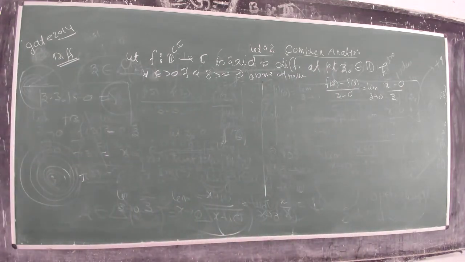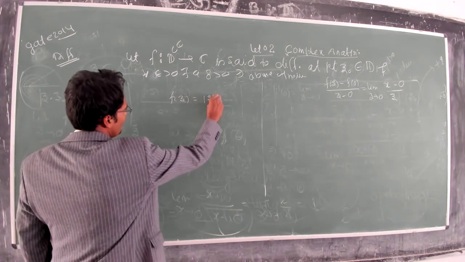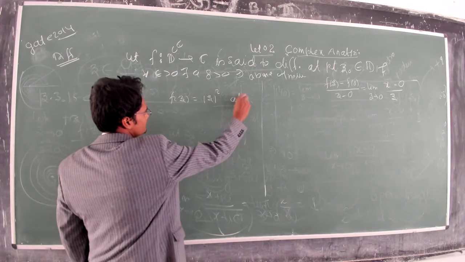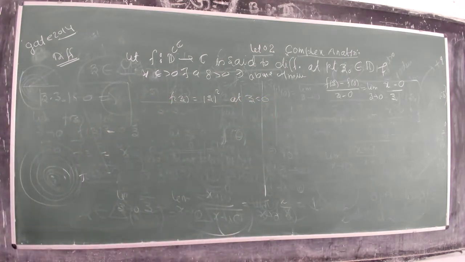One more question. Mod z square at z equal to 0. If f(z) is equal to mod z square, check the differentiability at z equal to 0.